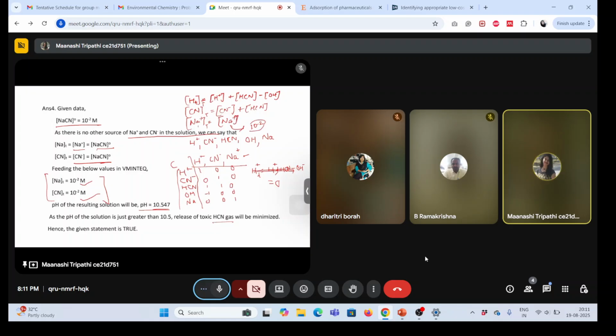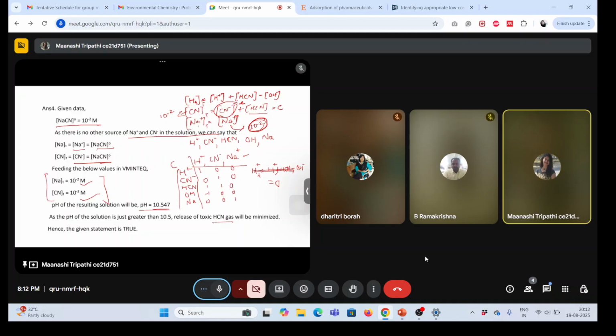Coming to CN total, we know that CN total is 10 raised to power minus 2. And from here, NaCN is breaking only, right? So the quantity of Na plus will be equal to the quantity of CN. From here we get HCN equal to 0.